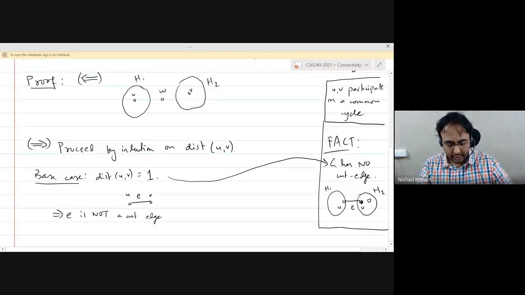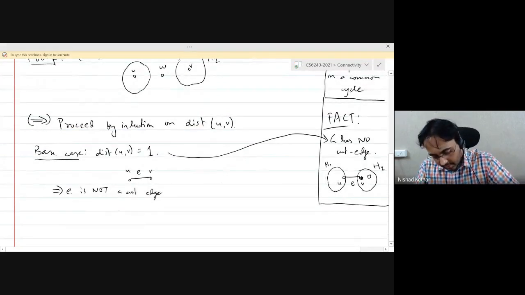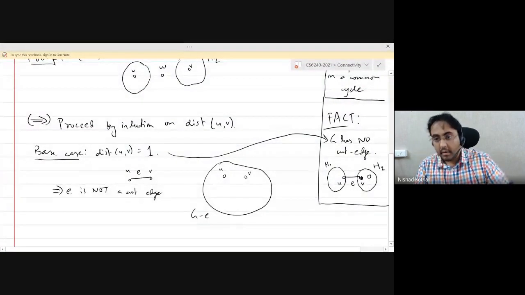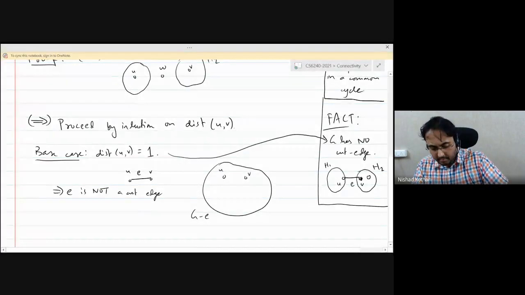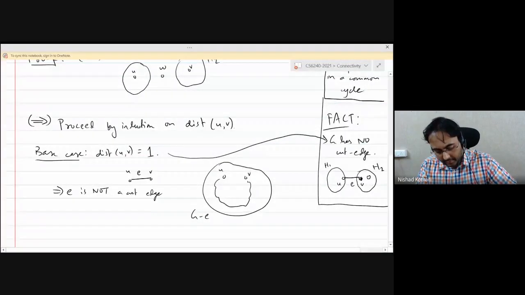E is the edge joining U and V. Then I can remove this edge and look at the remaining graph. The remaining graph is connected because E is not a cut edge. Therefore, there is a path between them. And now you put in the edge E, and that is another path, right? So you get two paths.